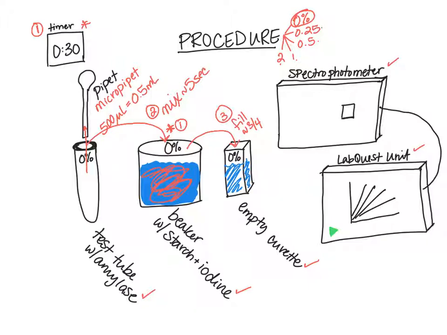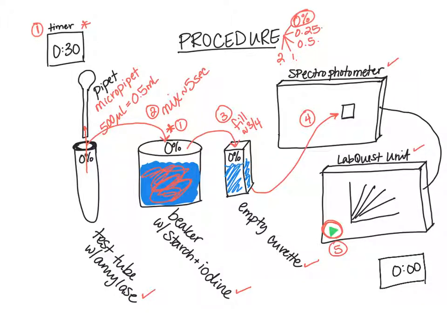Our next step is to put our cuvette into our spectrophotometer. Our fifth step has to do with when our timer reaches 0. When it hits that point, our fifth step is to press that play button.